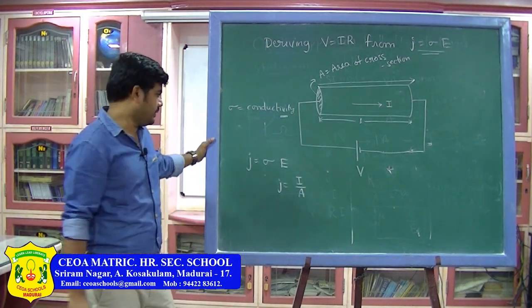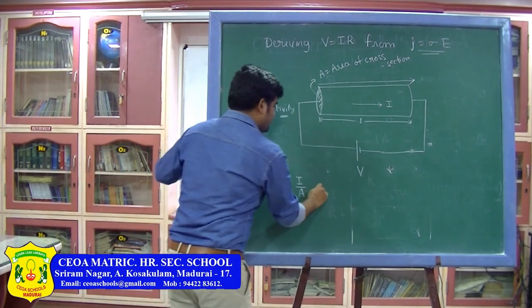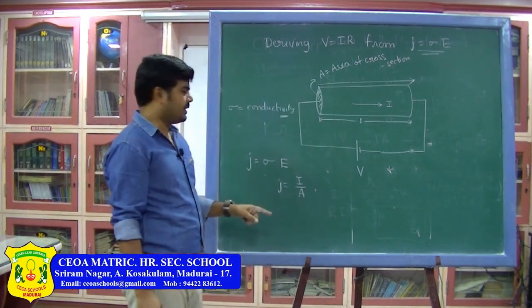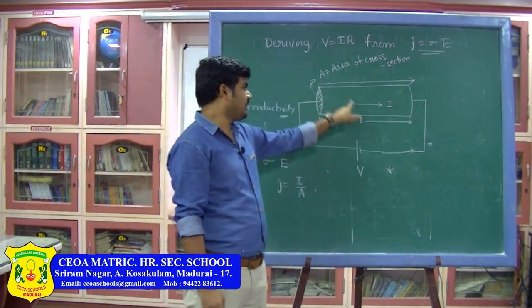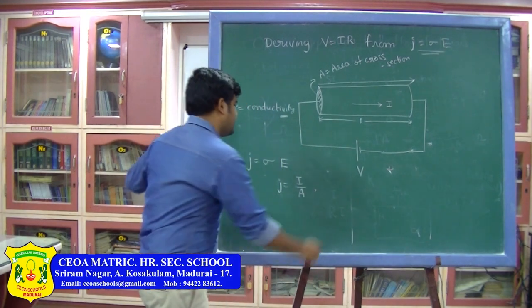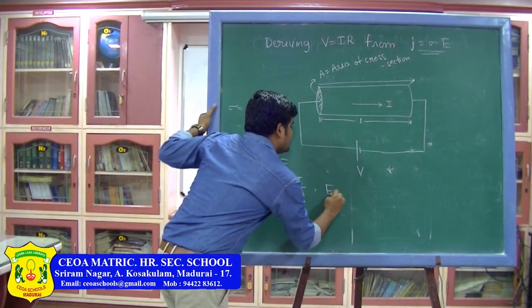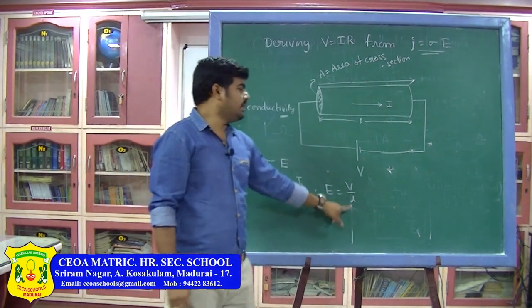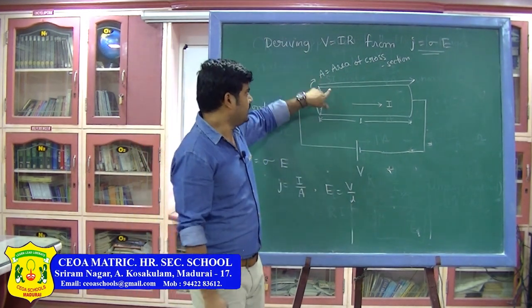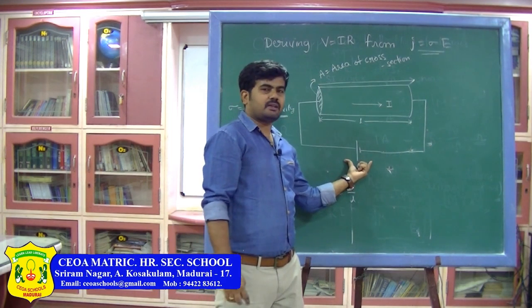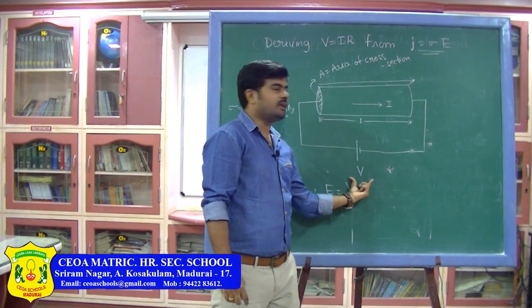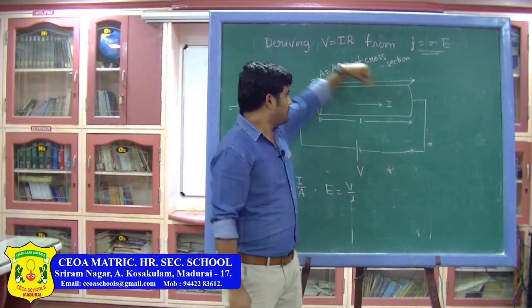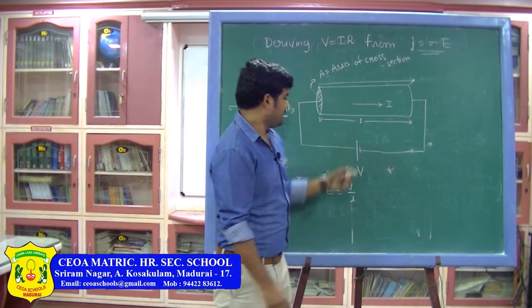In electrostatics we studied the relation between electric field and potential, which is E is equal to V by D. So, here the total potential difference across the ends of the conductor is V, where the electric field is E, and L is the length.